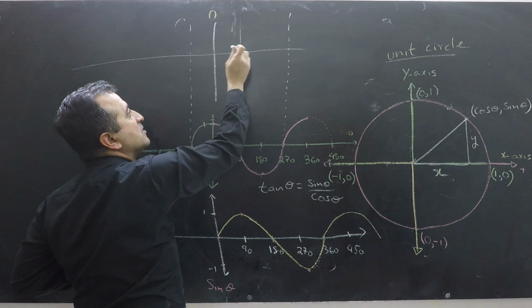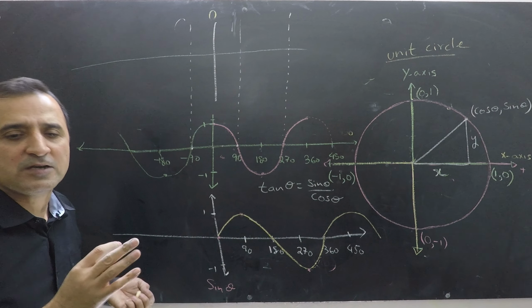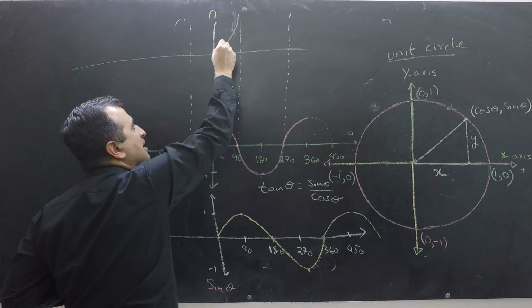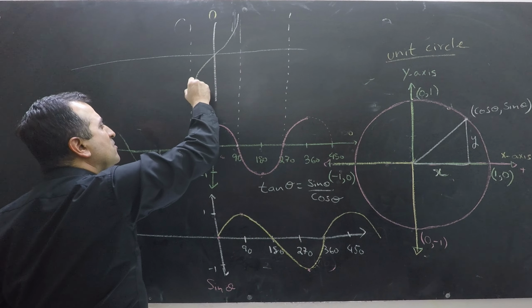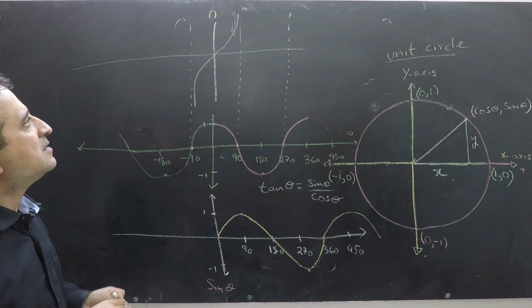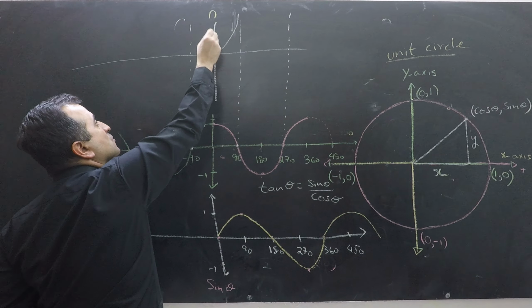That means it's never going to touch this line, but it's going to approach it. It's going to go near it, but never going to touch it. So it's going to be something like, not exactly, but something like this. Make sense? And these values are like 1, 2, 3.